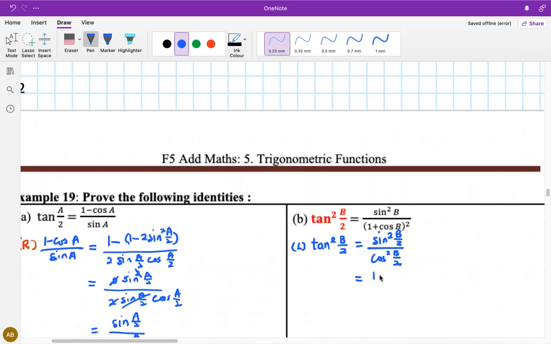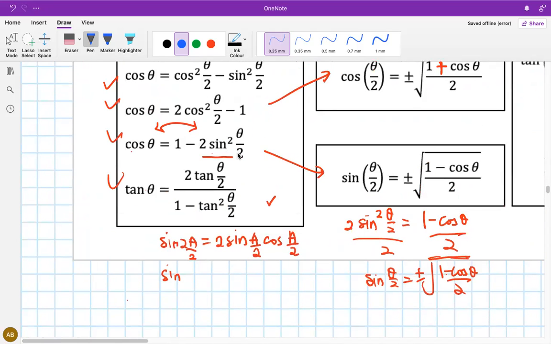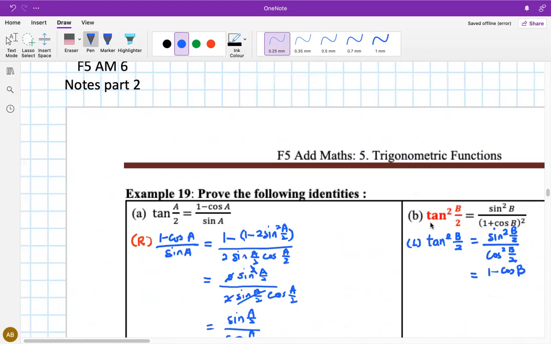Okay, so 1 minus cos B over 2. Sorry, not cos theta, cos B. Here 1 minus cos B over 2.